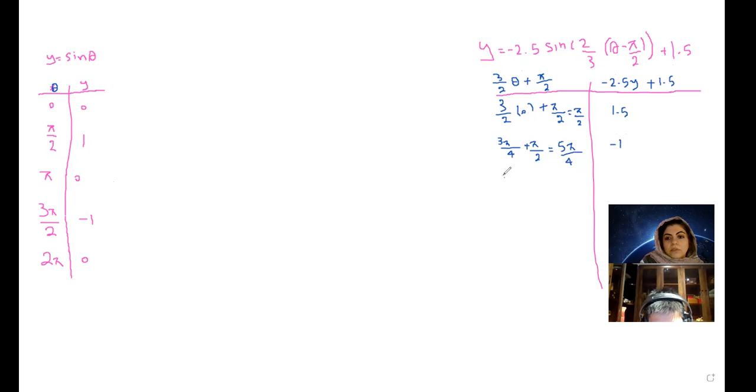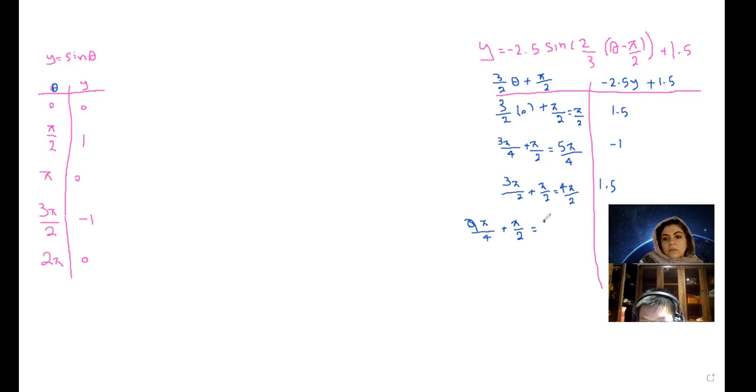I put pi here. It's going to be 3 pi over 2 plus pi over 2, which is 4 pi over 2. And here is 0. You get 1.5. 3 pi over 2, you put it here, you take 3 pi over 4 plus pi over 2. Sorry, you get 9 pi over 4, my bad.